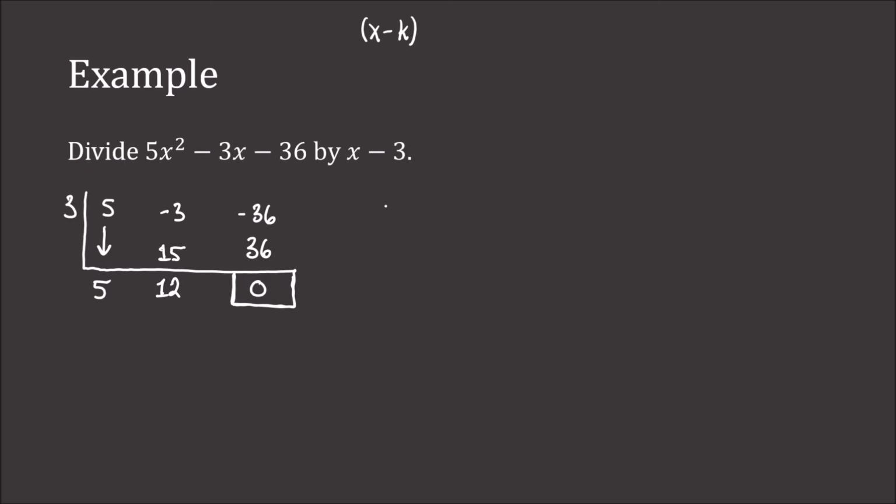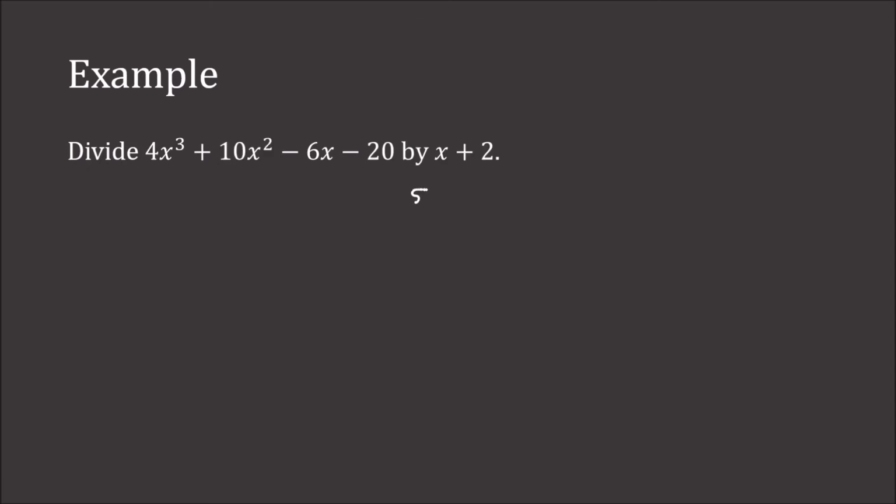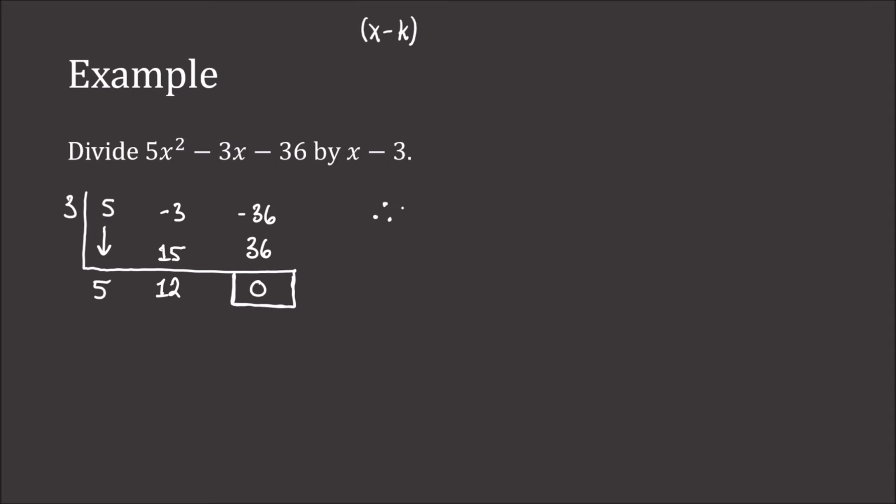So therefore, 5x squared minus 3x minus 36 divided by x minus 3 is equal to 5x plus 12. And there's no remainder.